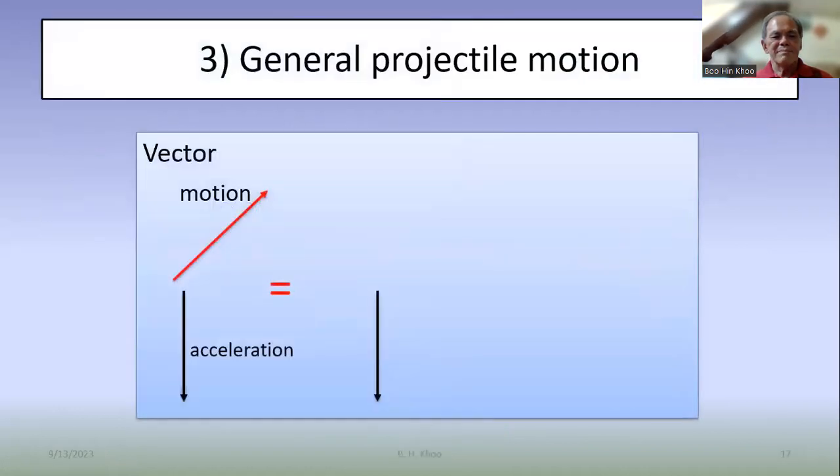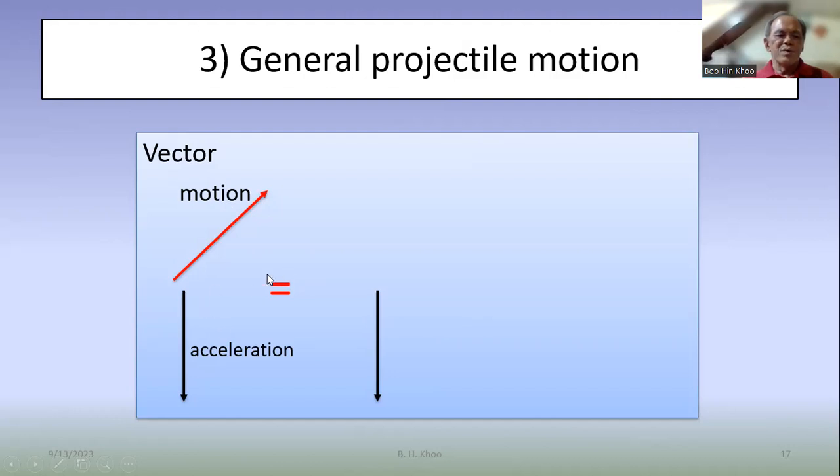Okay, so we just summarize general projectile motion. It doesn't have to be horizontal; it can be vertical, at an angle, or downwards. But the acceleration is always downwards, due to gravity.